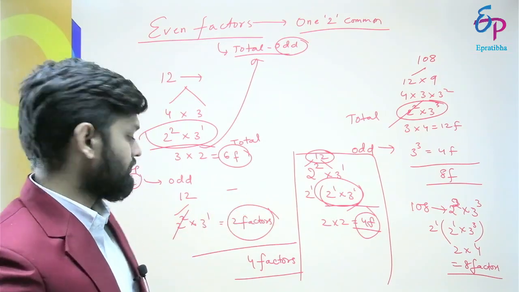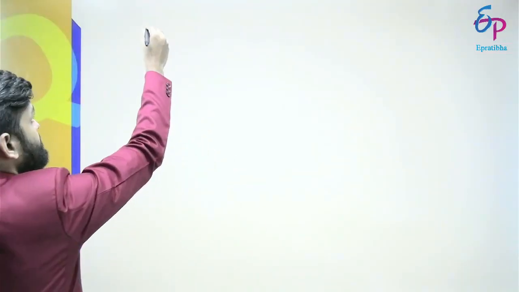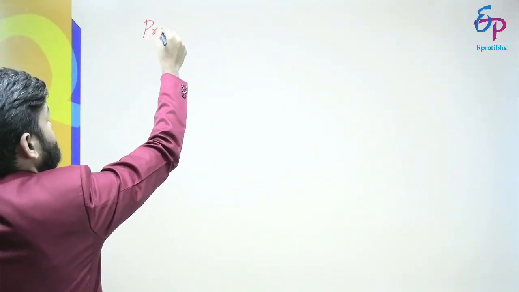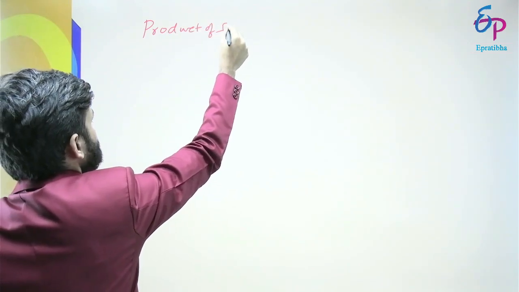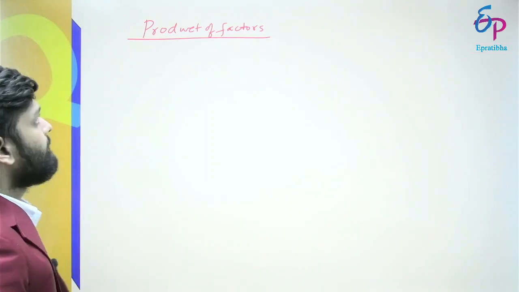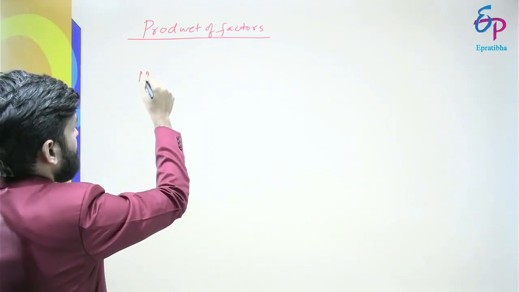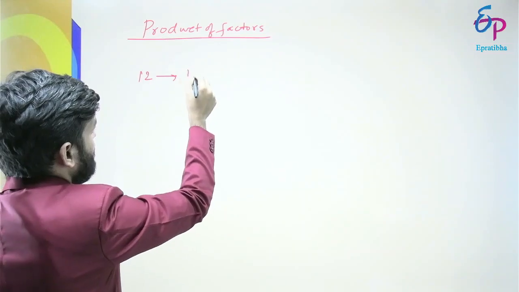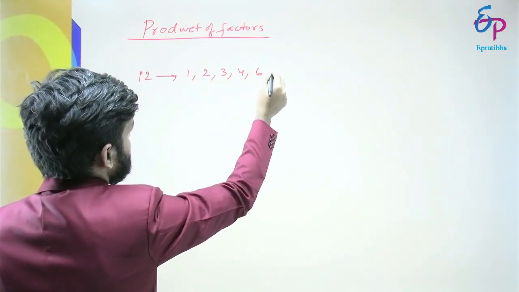Now we are going to see how we can get product of factors. Product of factors is also very important. If you take the number 12, what are the factors? 1, 2, 3, 4, 6, 12.